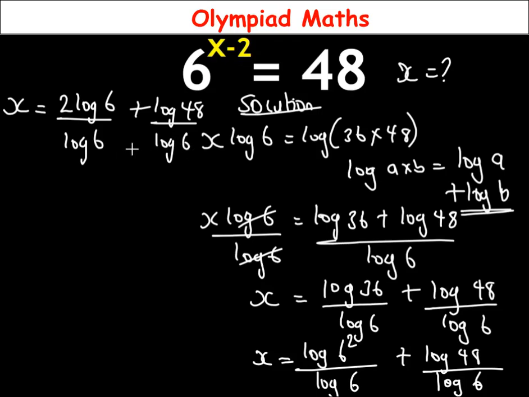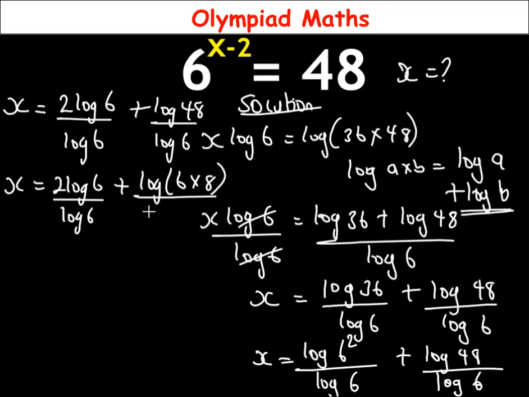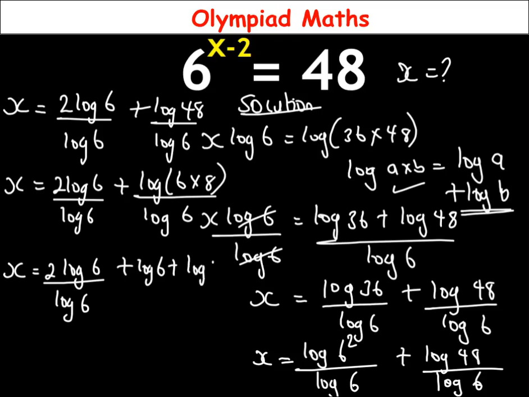Okay, at this junction, what we can do is that we have x is equal to 2 logarithm of 6 over logarithm of 6, then plus logarithm of, now 48 can be written as 6 times 8, all over logarithm of 6. Now with this, x is then equal to 2 logarithm of 6 over logarithm of 6, then plus, applying the same rule that we got right here, you will get logarithm of 6 plus logarithm of 8 all over logarithm of 6.